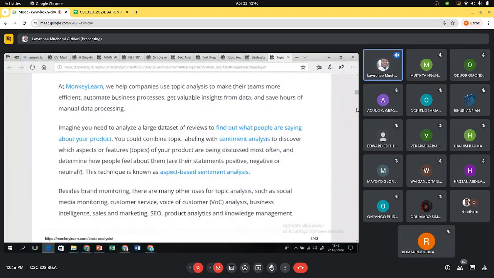You could combine topic labeling with sentiment analysis. So there are two things here. There's topic labeling, where you label each sentence or document with a topic, and then you apply sentiment analysis to discover which aspects or topics of your products are being discussed most often, and determine how people feel about them.